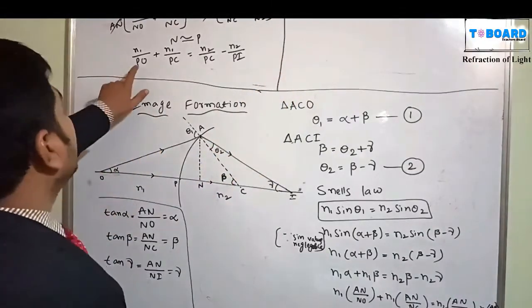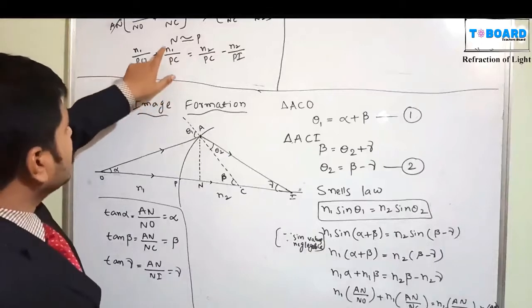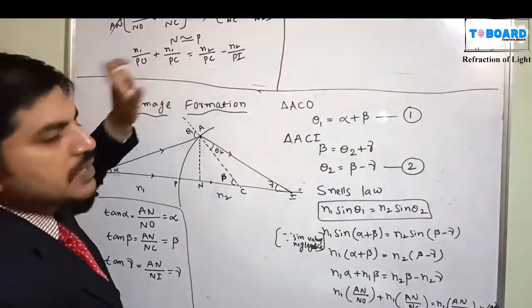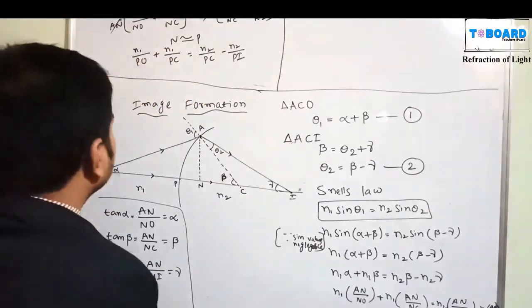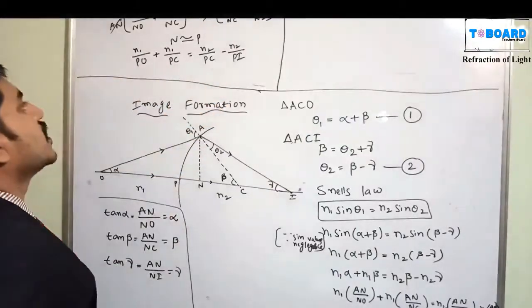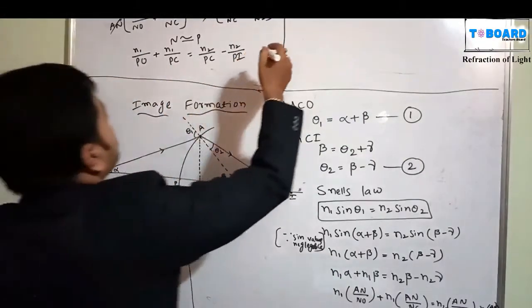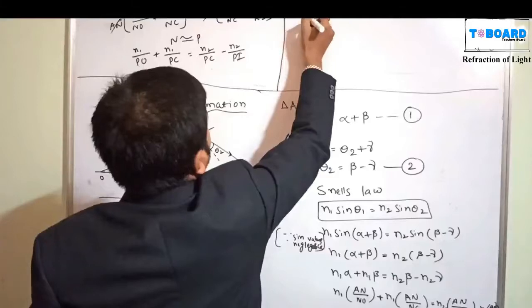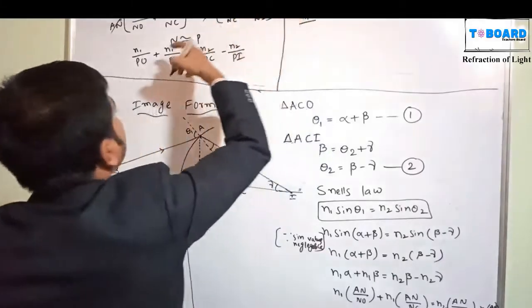Now I am going to write it in another place. You know that N1 by PC and N2 by PC are there, so this goes to one side of the equal sign.